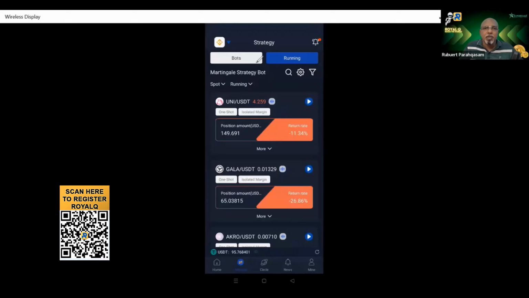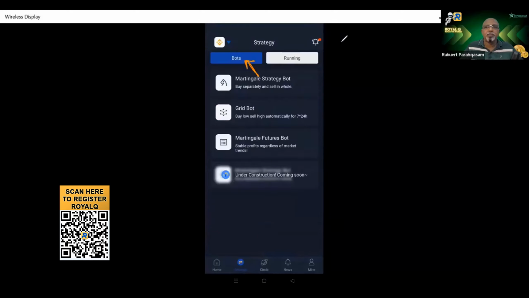So what we're going to do now is tap on bot. Now you see, we have various bots here. We have the Martingale strategy bot, the grid bot, and the Martingale futures bot. All of them work differently. The grid bot works well on a ranging market.